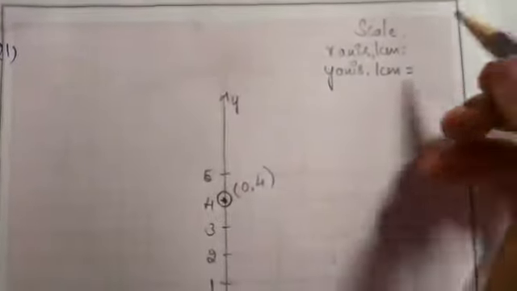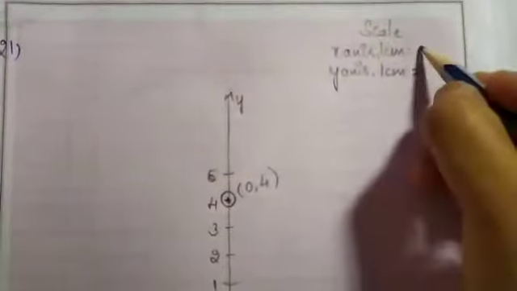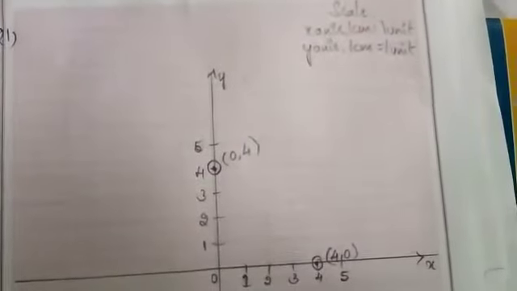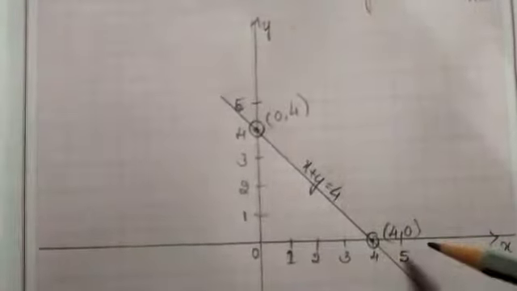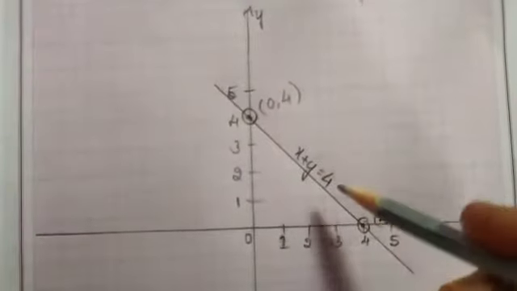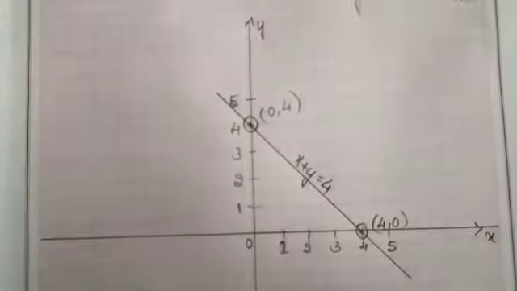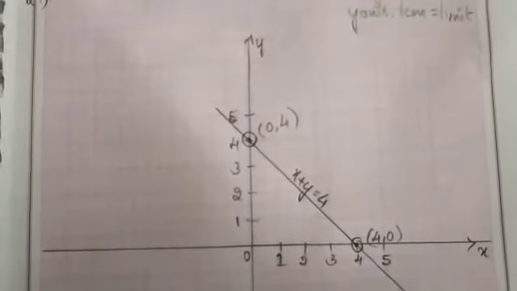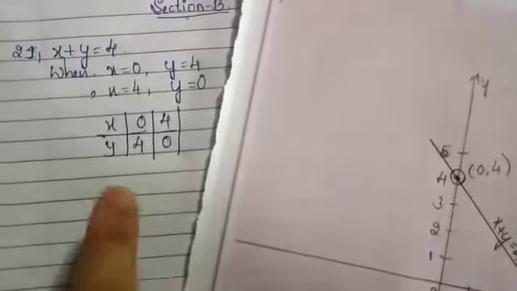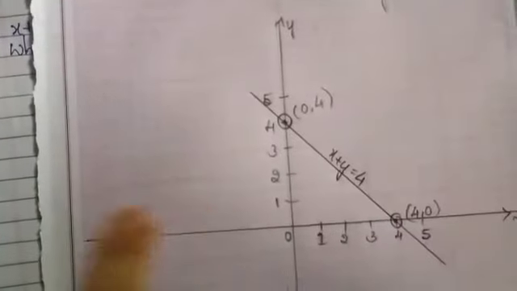Here I also have to mention the scale: x-axis 1 centimeter equals 1 unit, y-axis 1 centimeter equals 1 unit. So let me draw here. You can observe I have drawn a line joining the 2 points, and I have written the equation for that. This is required after you have written everything here, and it should be there in the graph sheet also.